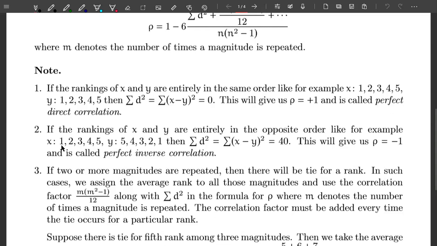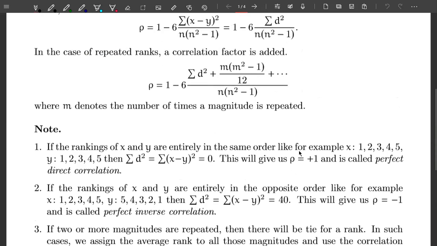If you calculate the difference, you get 1 minus 5, so the value of x minus y will be minus 4. Minus 4 square, you get 16. Like that, if you continue, say you calculate 2 minus 4, that is minus 2 whole square. If you calculate all the values of (x minus y) whole square and add them, the value of summation (x minus y) whole square will be equal to 40.